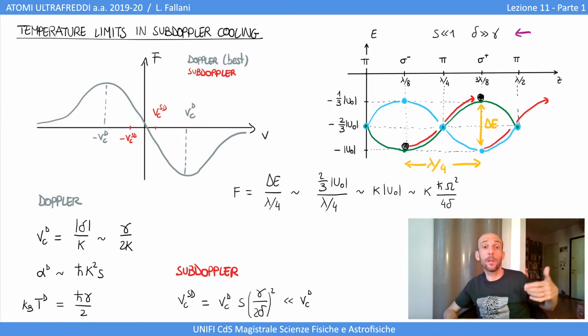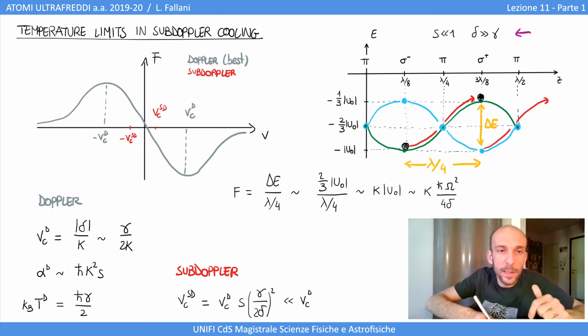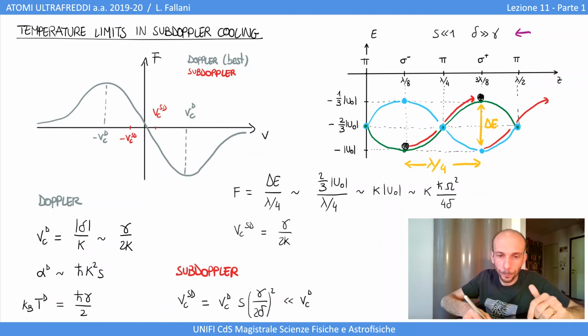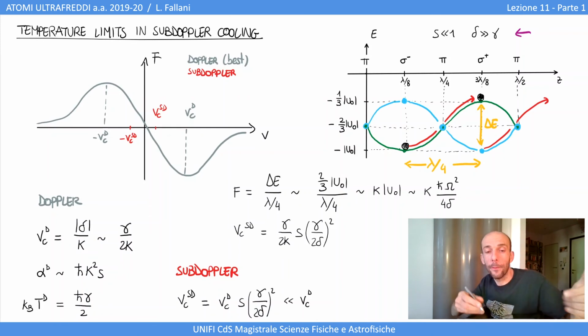And we can use the expression that we have at the bottom of the screen. So basically that tells you that VC subdoppler is equal to VC Doppler, so gamma divided by 2k, times S times gamma divided by 2 delta squared. So the same expression we have written before.